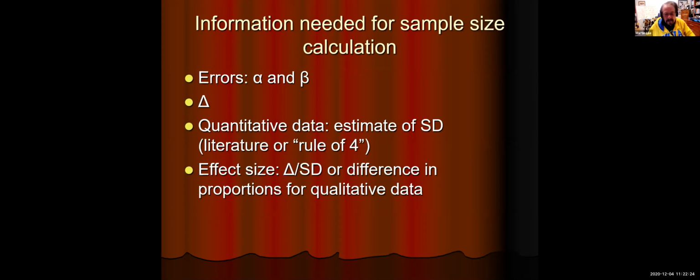In other words, what's the smallest result I could find and the largest result I could find for whatever that measurement is. And then you take the difference of those two and divide by 4. Surprisingly, that often gives you a pretty decent approximation of the standard deviation. So it allows us to get at this number without having a whole lot of information.